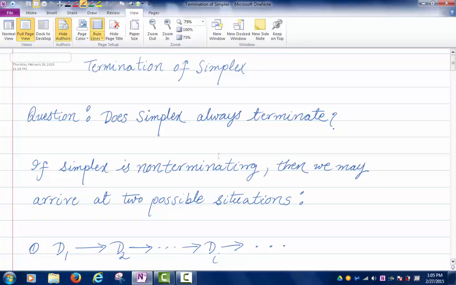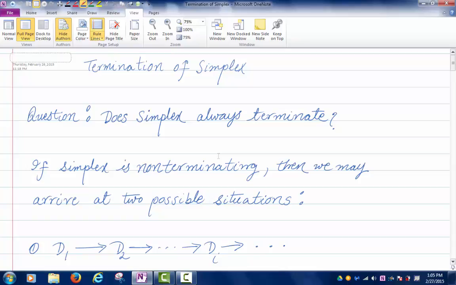Alright, so today what I want to talk about is the termination of simplex. That is, are we guaranteed that the simplex will terminate? How do we know that simplex will terminate? That's the question here.